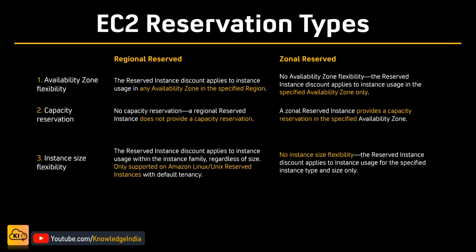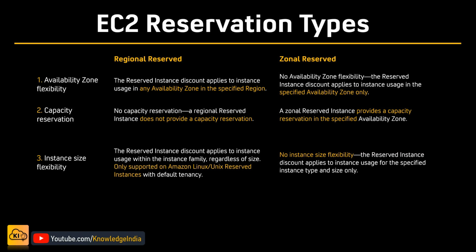In case of regional one, you have the flexibility. Your instance can run in availability zone A or B or C. In any of the availability zones it runs, the discount or benefit will be applied. Whereas in case of zonal reserved, you specify the availability zone at the time of reservation itself, and hence your instance should be running in that availability zone only to get the discounts.